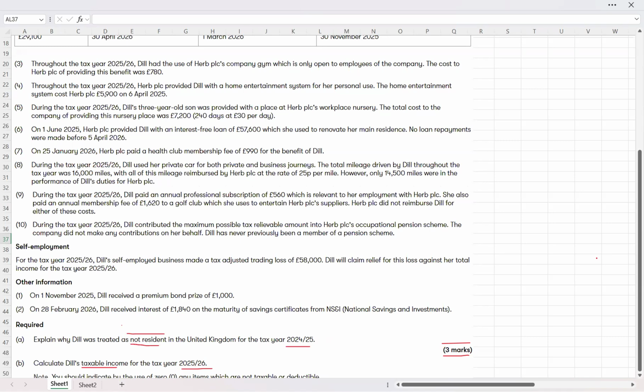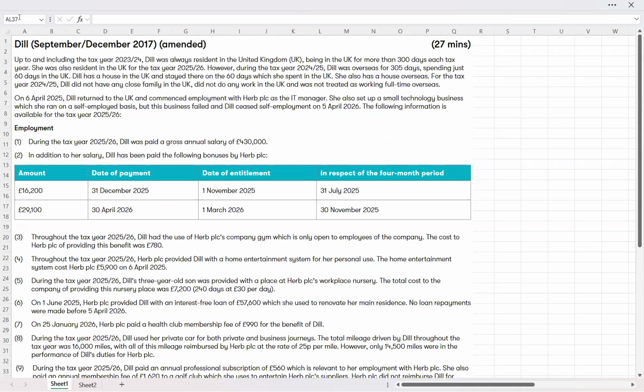Okay, let's see. Now, up to and including the tax year 23-24, Dill was always a resident in the UK, being in the UK for more than 300 days each tax year. So they have given us the information till the tax year 23-24 that this individual spent around 300 days in the UK.